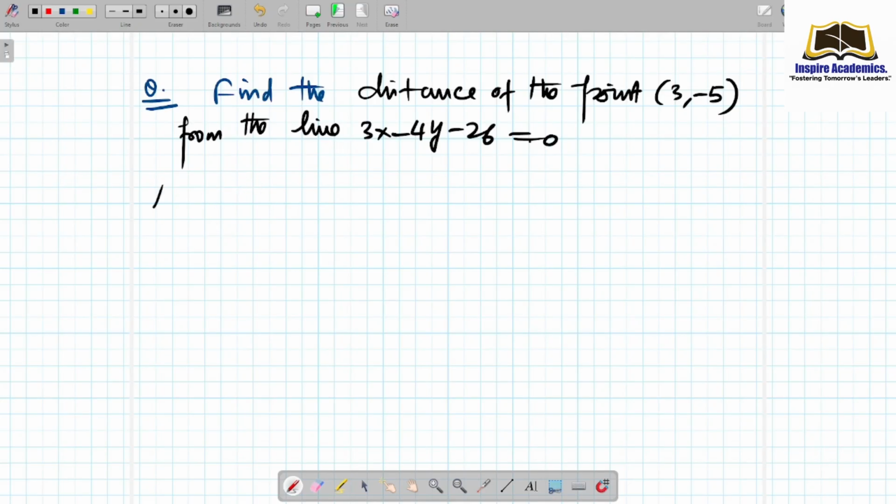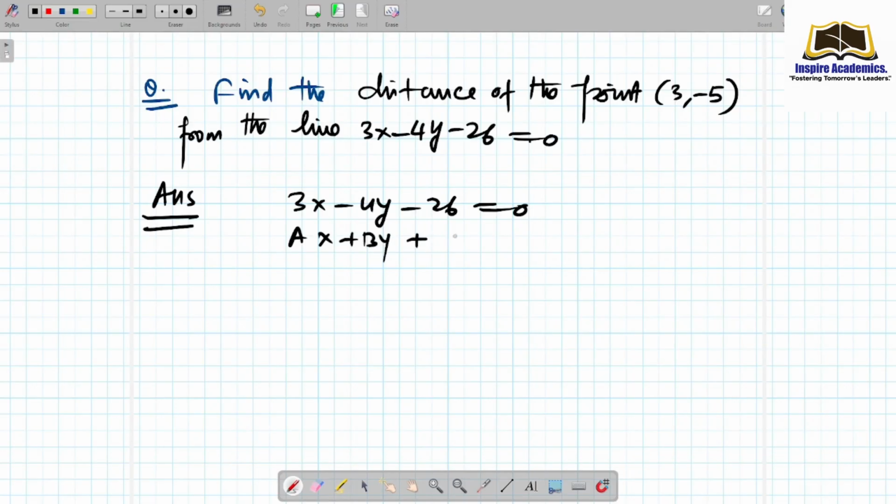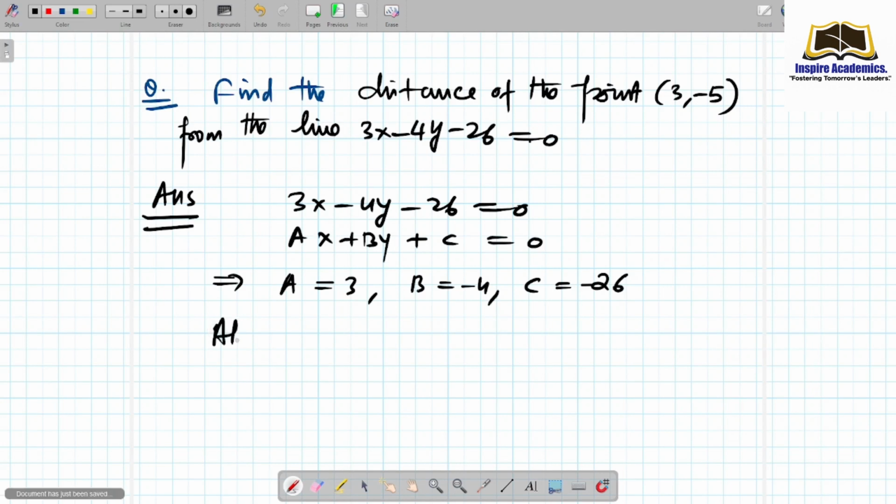So when you solve the line, first write 3x minus 4y minus 26 equal to 0. Below this, write a reference ax plus by plus c equal to 0 and find out a is 3, b is minus 4, c is negative 26. Okay, and then also write the point x1 comma y1 is 3, minus 5.